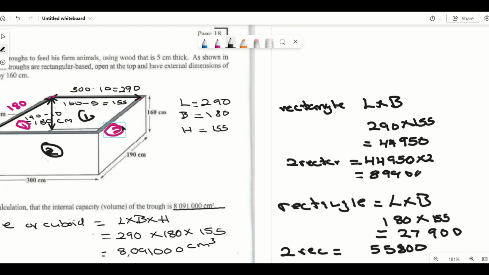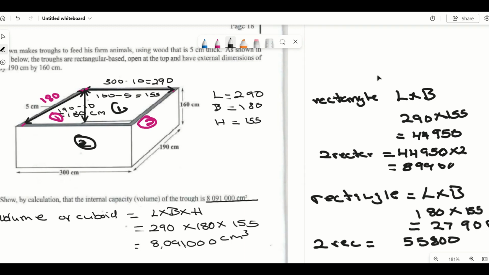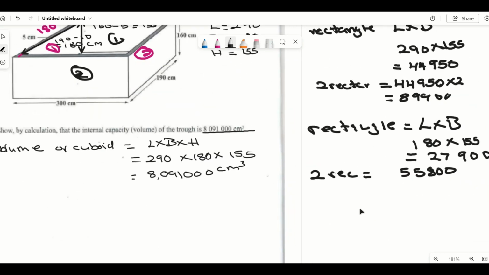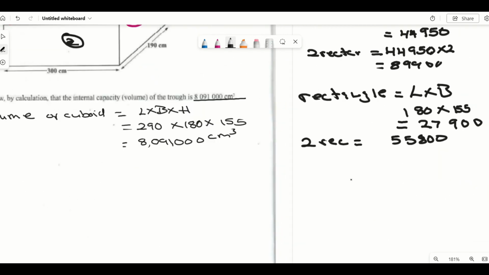However, we have the bottom part, and the bottom part would have a length of 290. So internal is 290 times 180. It's just one that we have to do. So again, we have the next rectangle as the bottom rectangle.